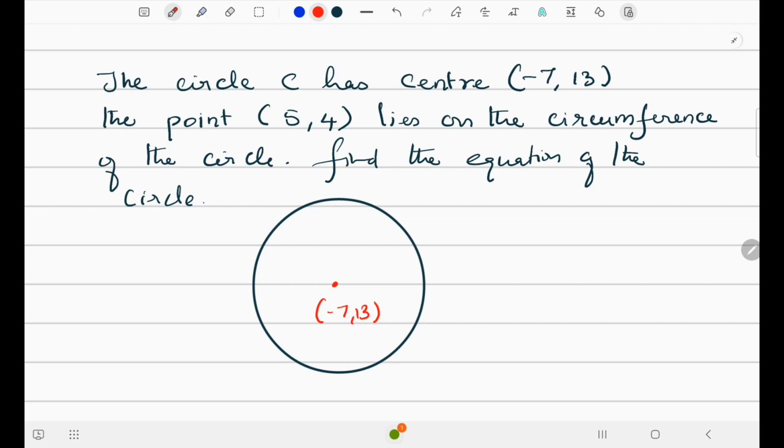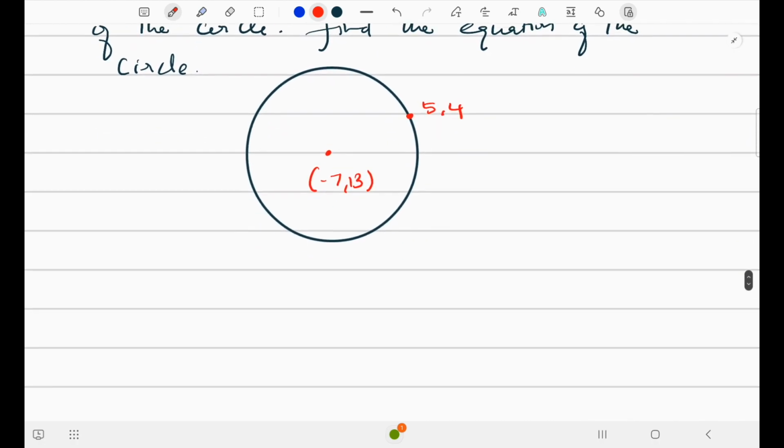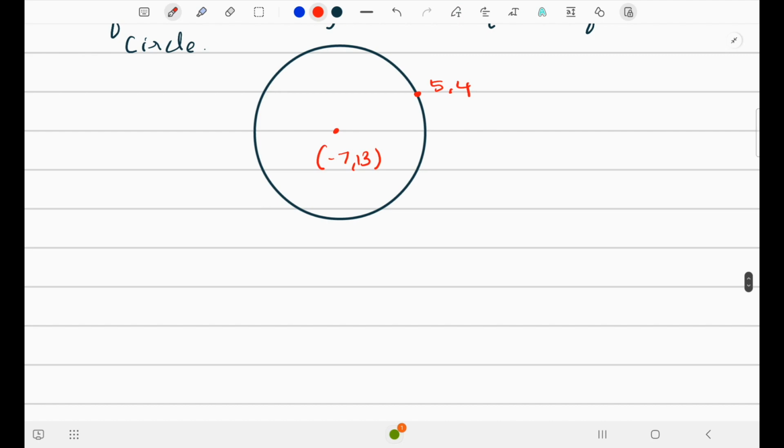And some point lies here, it is 5, 4. From these two data, I need to find the circle equation. So how to find? There it is.